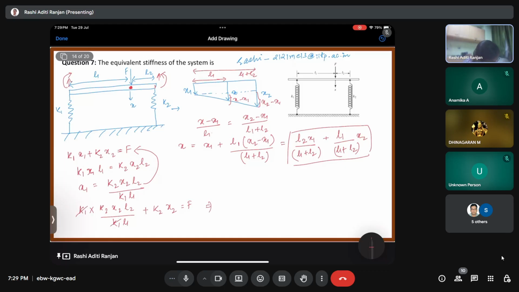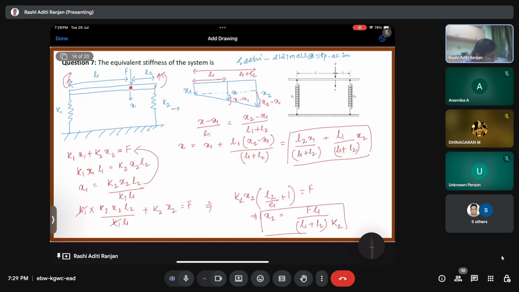This implies K2 X2 into (L2 by L1 plus 1) is equal to F. So we'll get X2 as F L1 by (L1 plus L2) into K2.